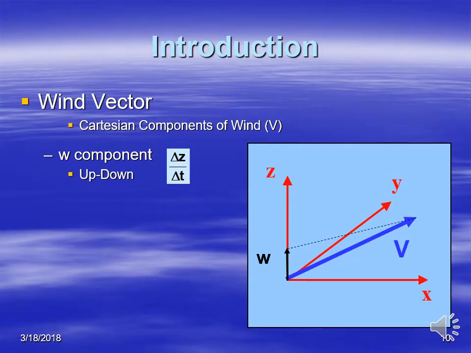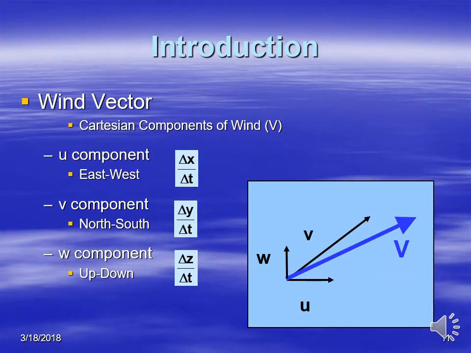And finally, the third component of the wind is the up-down component, which goes along the Z axis. So we would call that the W component. So we've got these three components: the U component, the V component, and the W component. Once again, I want to stress upon you, this may seem really simplistic, but this is extremely important in more advanced meteorological topics.